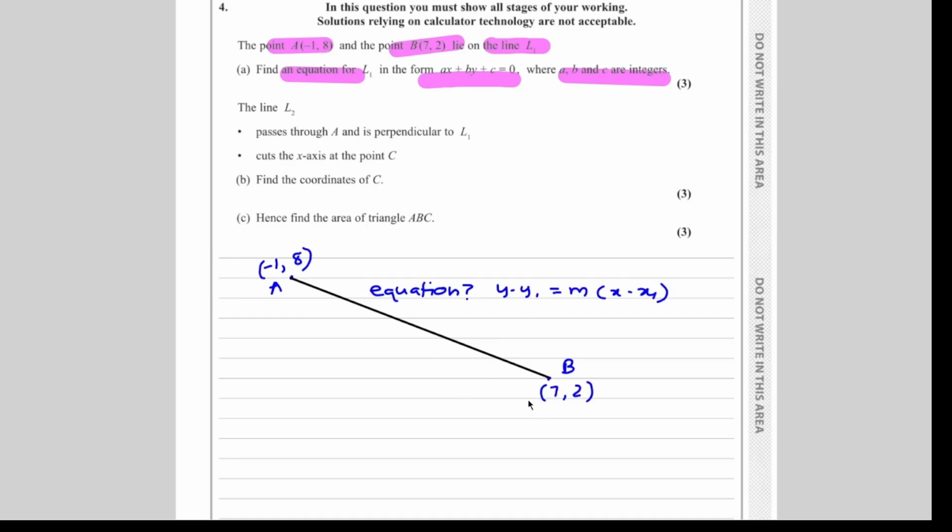I'm having two coordinates, so I can pick A or B. So I'm done with the coordinate. I'm having one coordinate, so I need to figure out what the gradient is. How do we get the gradient?